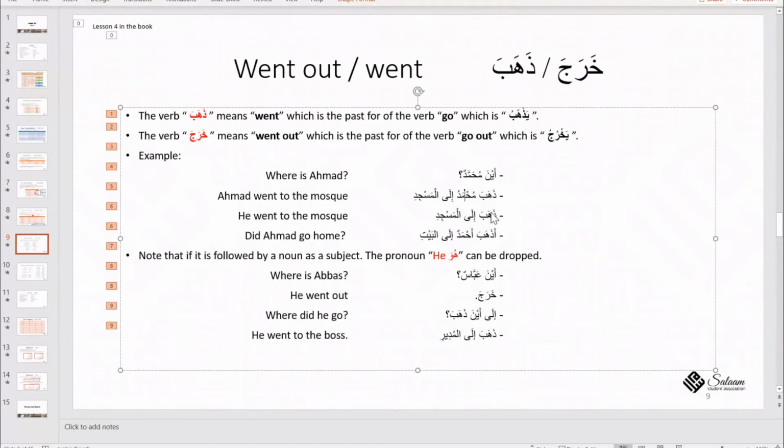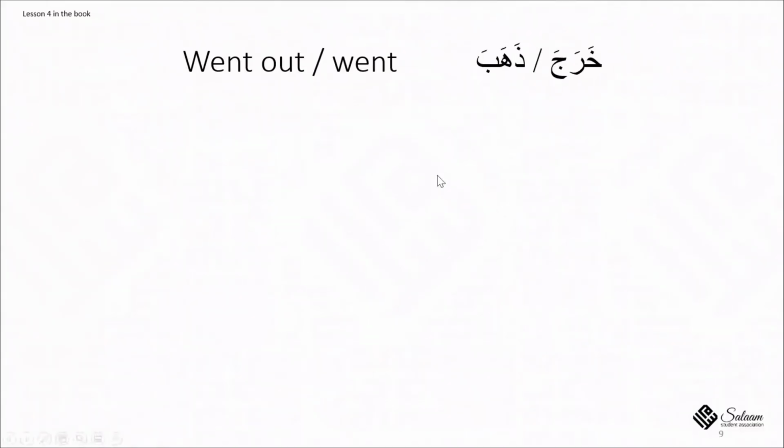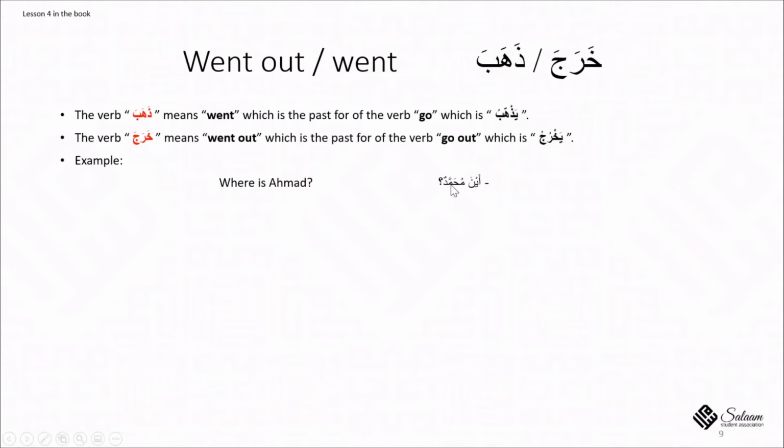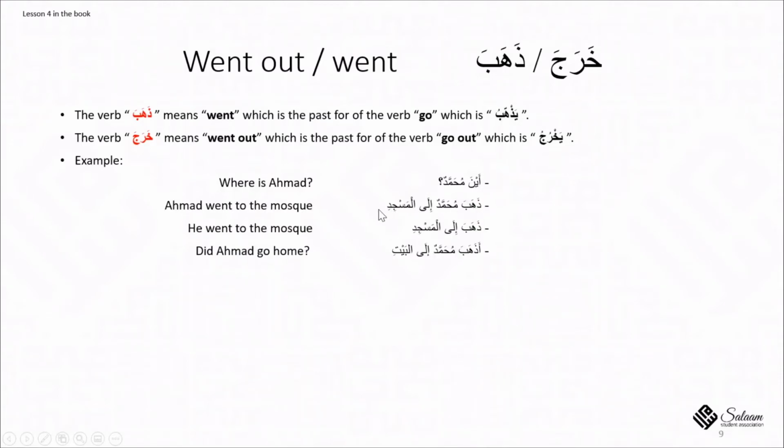I could not pronounce ذهب Ahmadun. It's not good. So Muhammadun will have tanween. This is another rule. So أين محمد؟ ذهب محمد إلى المسجد. Or ذهب إلى المسجد.